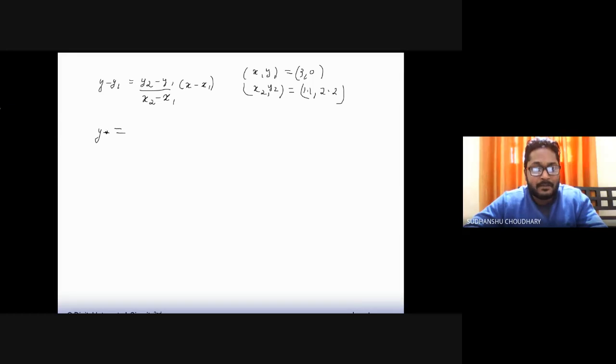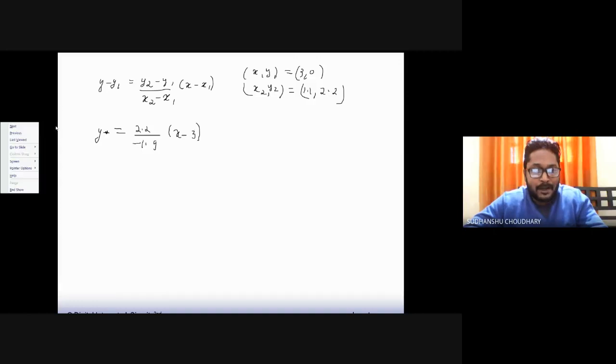So y is y2 minus y1. y2 is 2.2 minus 0, that is 2.2, divided by x2 minus x1. So x2 is 1.1 and x1 is 3, so 1.1 minus 3, that means minus 1.9. Multiply by x minus x1, and x1 is again 3.